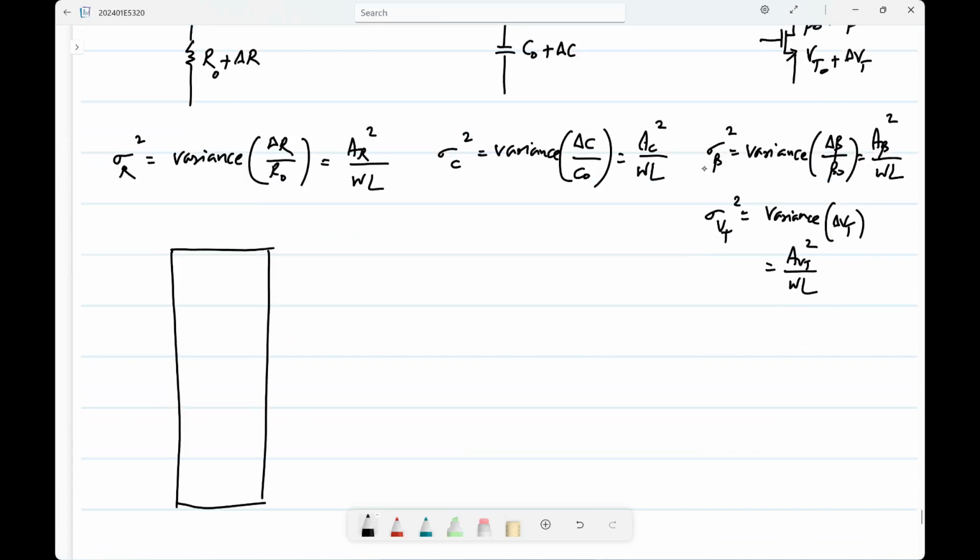Let's say you have a circuit with resistor R naught and capacitor C naught and a MOS transistor. I mean, you will have many components. I'm just showing one each. So how do you find the effect of error in this resistor?